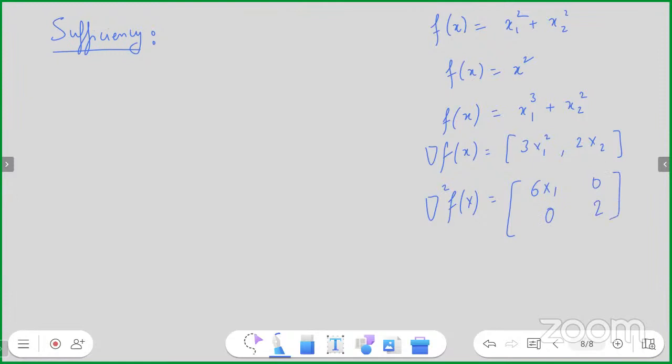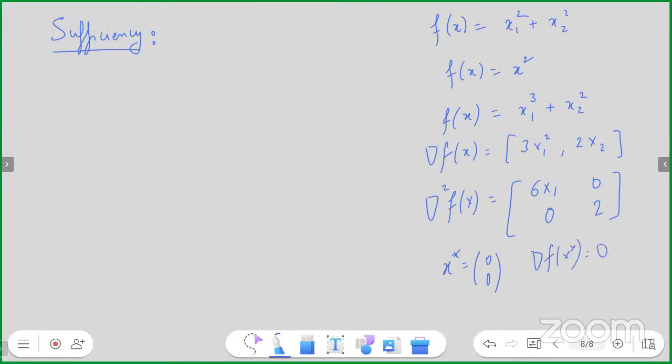Okay, so what are our candidates we're interested in? What's the obvious choice for x star? Just look at this. Let's take x star to be 0. Does it satisfy the first condition? Yes. Del f of x star is 0.